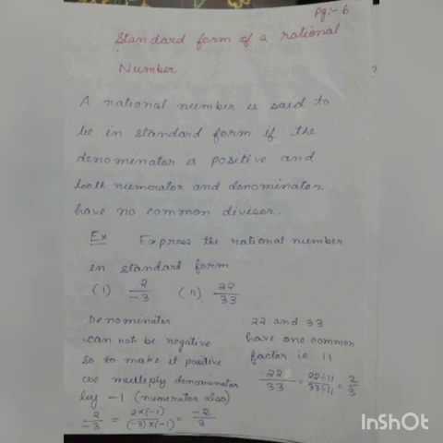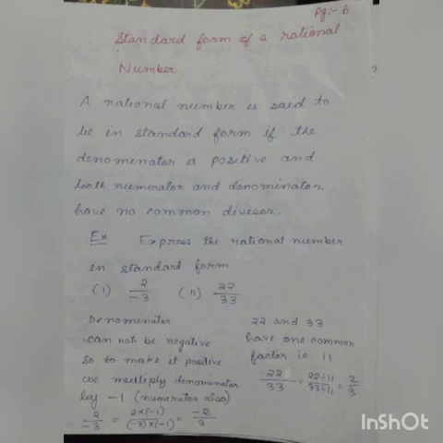Express the rational number 2 by minus 3 in standard form. The denominator cannot be a negative number, so we have to make it positive. How to make it positive? We will multiply minus 3 by minus 1. That will give a positive number 3.